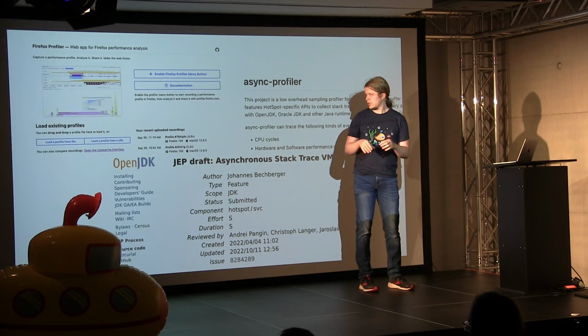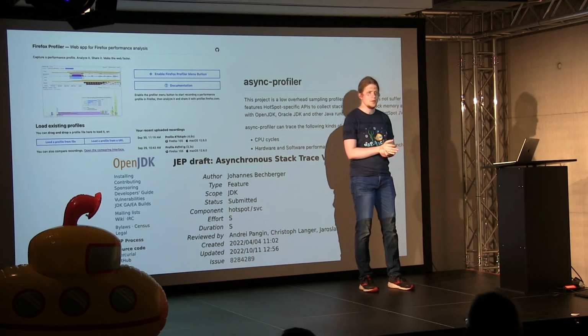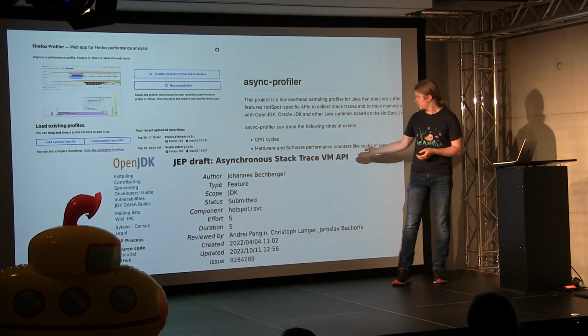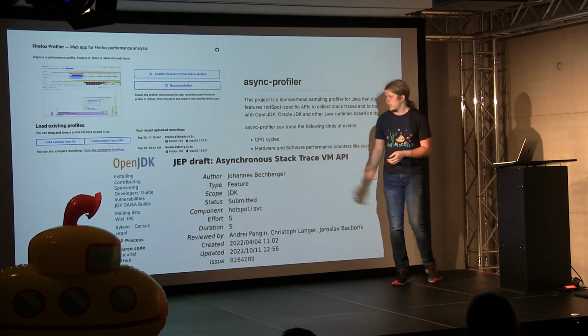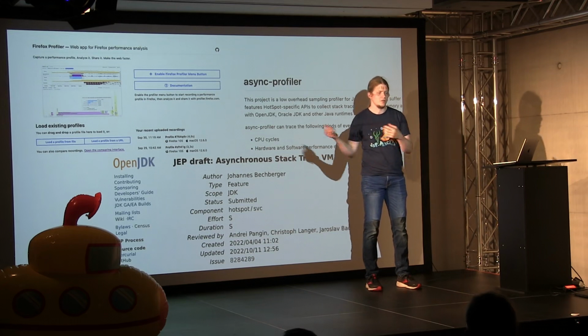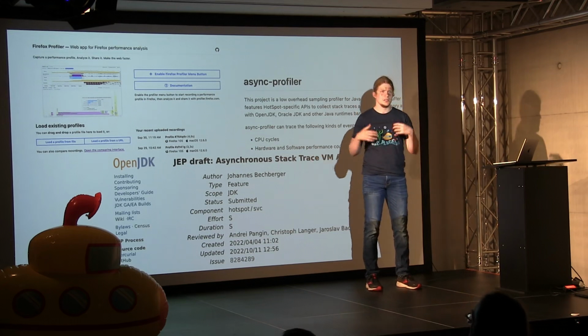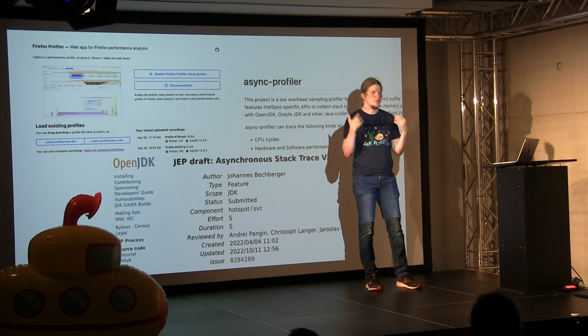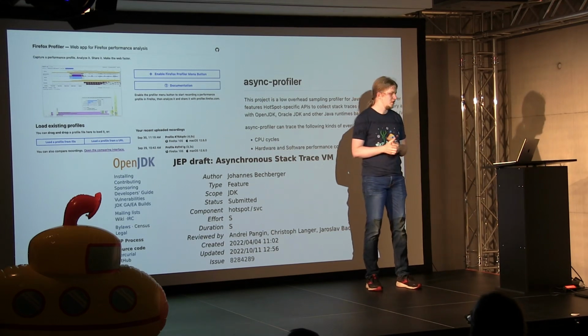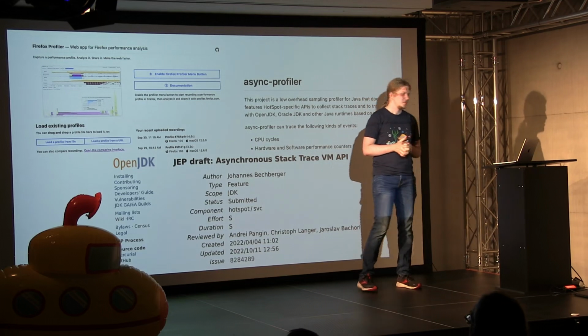And for this reason, I also started to write a Java enhancement proposal. It's called Asynchronous Stack Trace VM API, which helps profilers to gather asynchronous stack traces from your JVM, which is quite nice and which in the future will help profiler writers and also has other advantages.